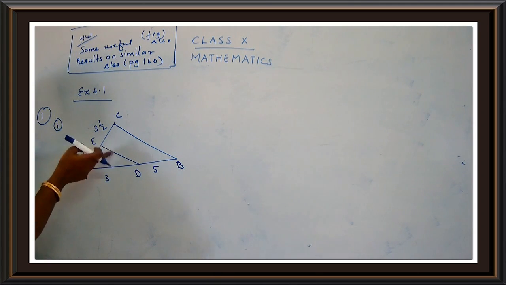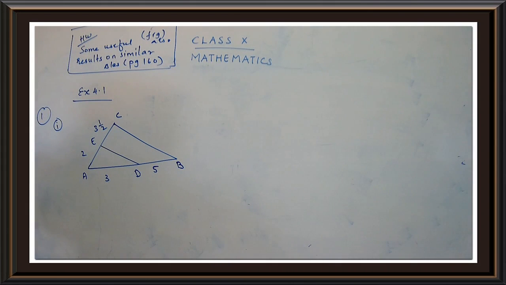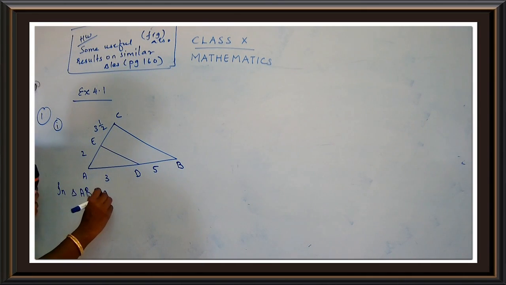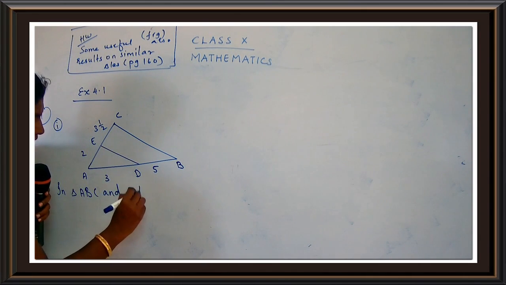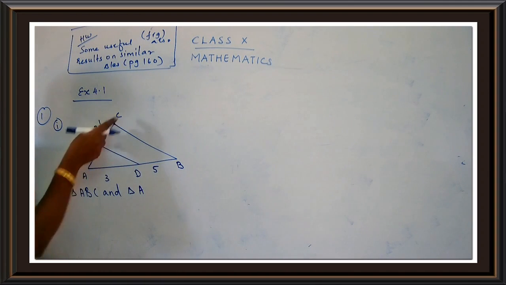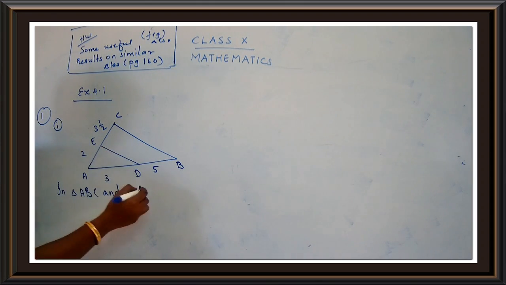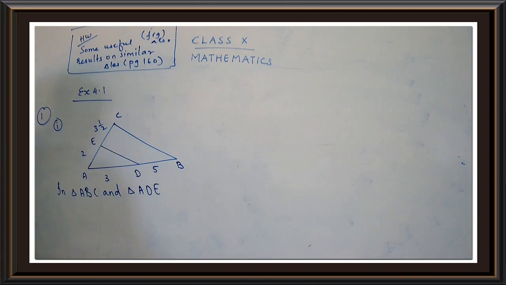Getting my point? Okay, so here we are going to choose the second one. I will take ABC. You are following this way, so you have to follow the same way for the smaller triangle also. ADE. So in triangle ABC and triangle ADE.